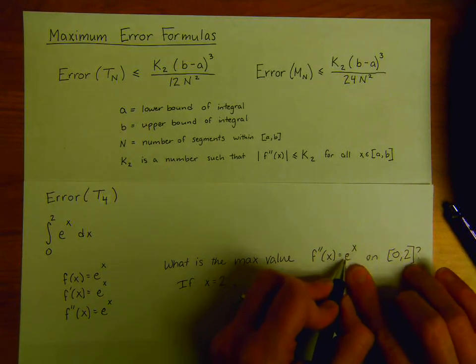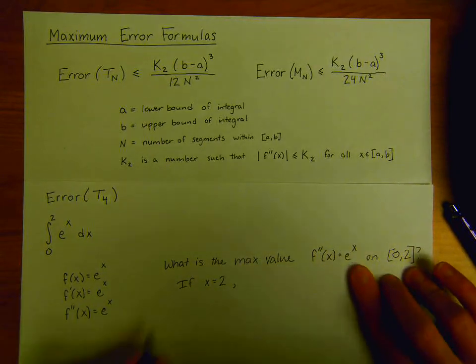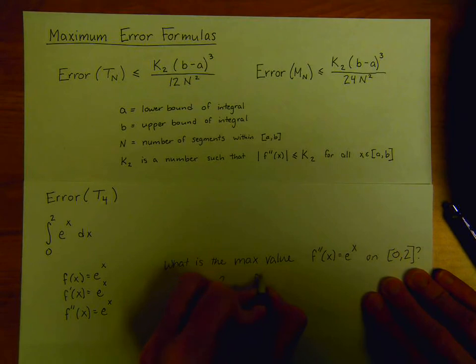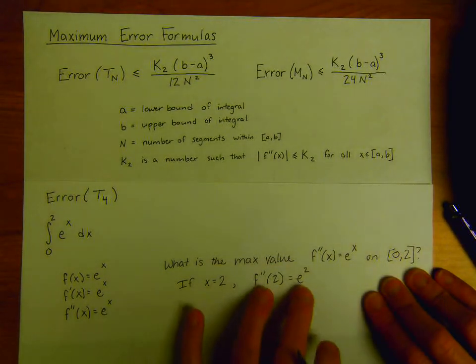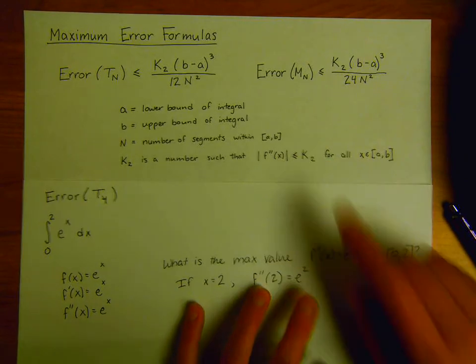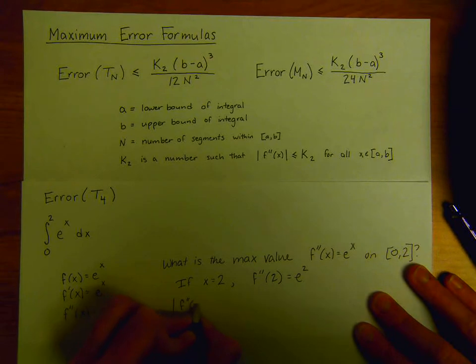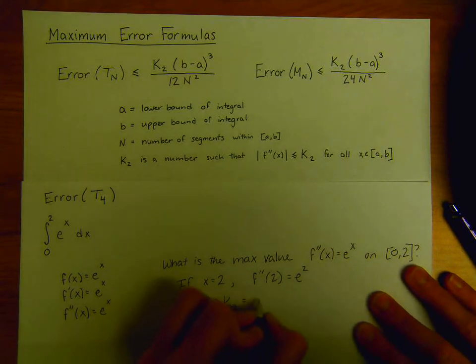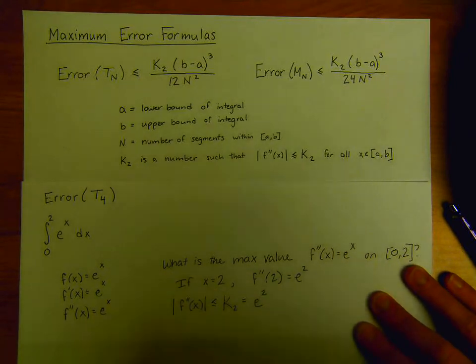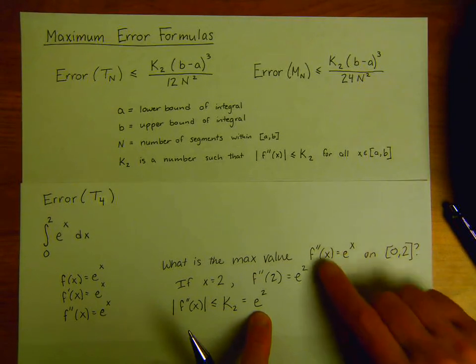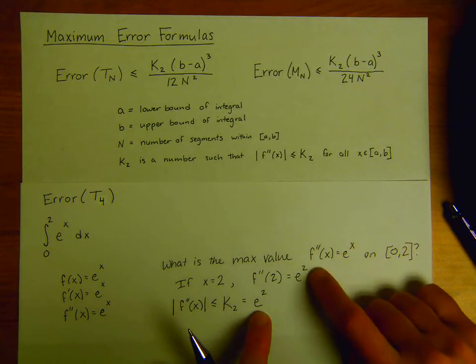What value can I plug in to get the biggest number out? If x equals 2, then the second derivative is e squared, and that's as big as this number can get. So I'm going to set K2 equal to e squared, because any other value of x that I plug in, the second derivative will be less than e squared.